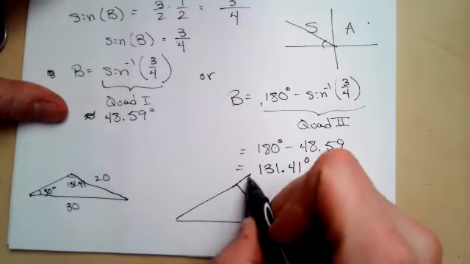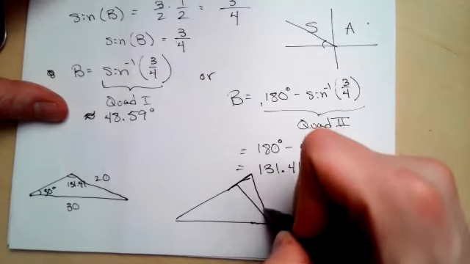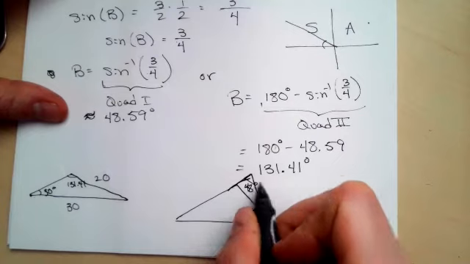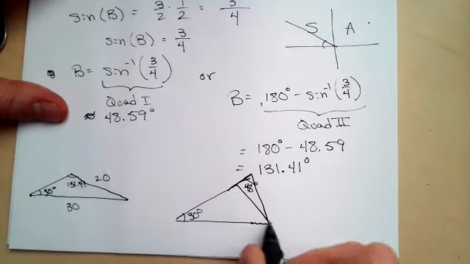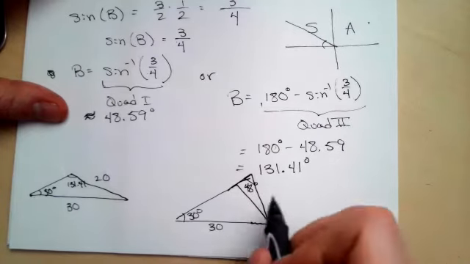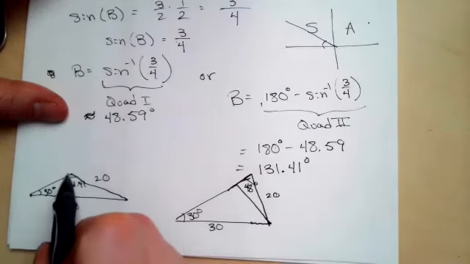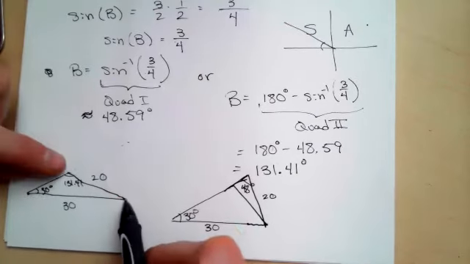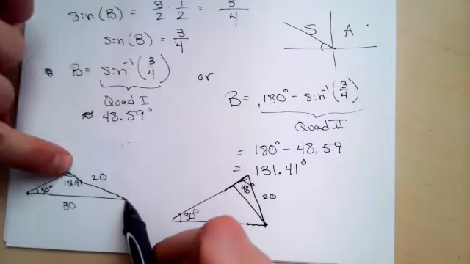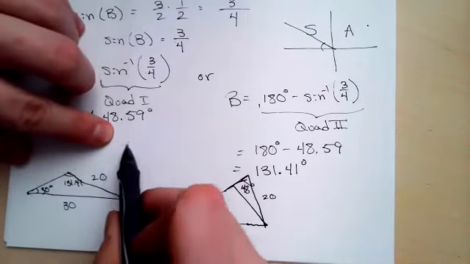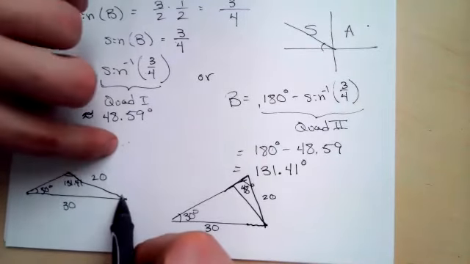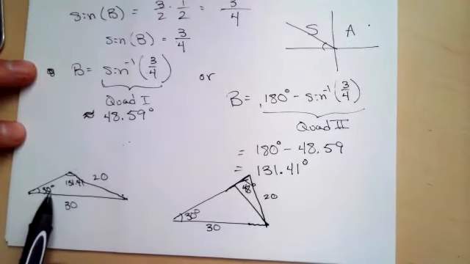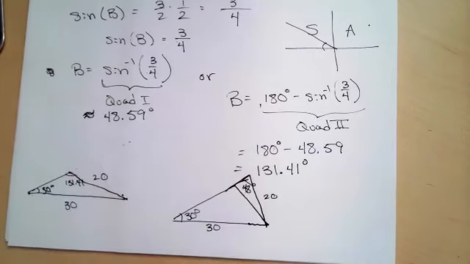I guess it would have been smaller since it would have been 48 degrees. So again, we have free range of swinging this side. If we imagine this as a fixed bar and swing it outward and see where it hits this line that C is going to lie on, it'll hit twice while keeping that side length fixed, this side length fixed, and that angle fixed. And it gives us two separate solutions.